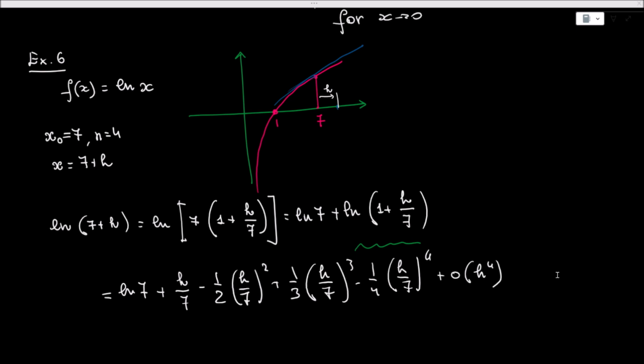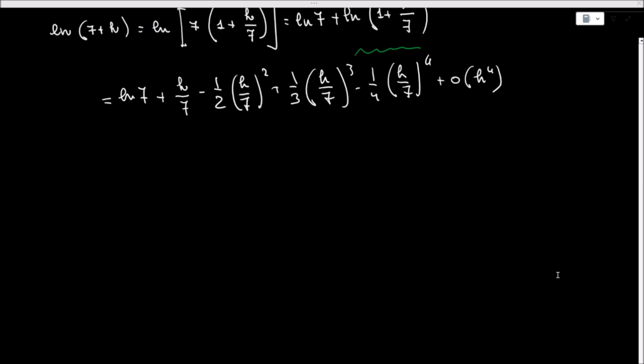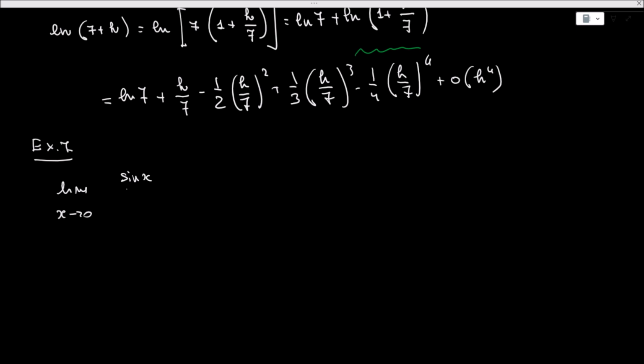As a final example, let's try to solve the limit for x that goes to 0 of sine of x divided by x, all raised to the 1 divided by the arc tangent square of x.